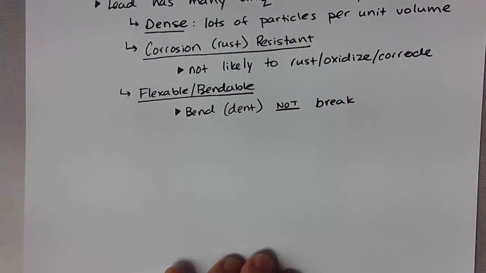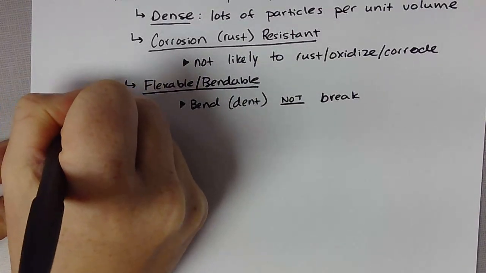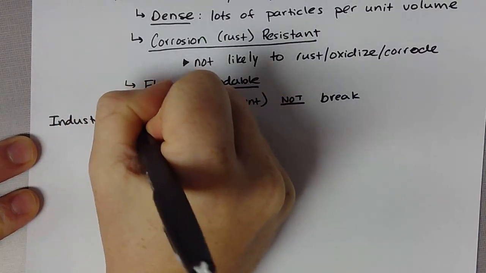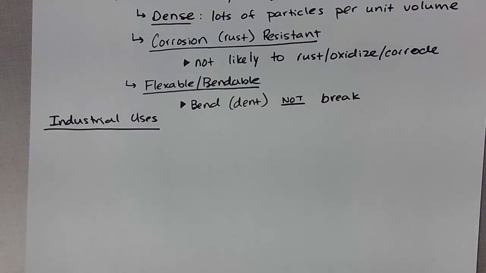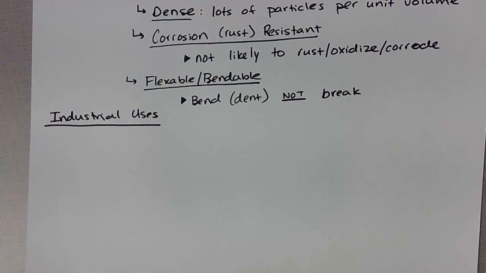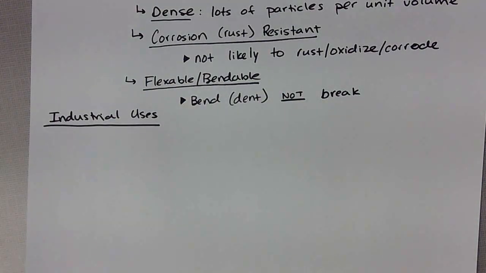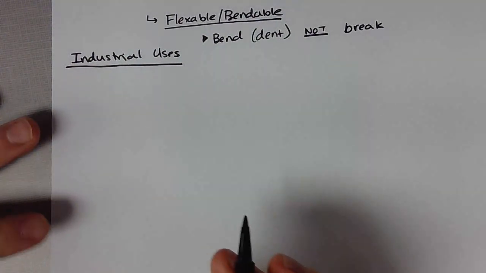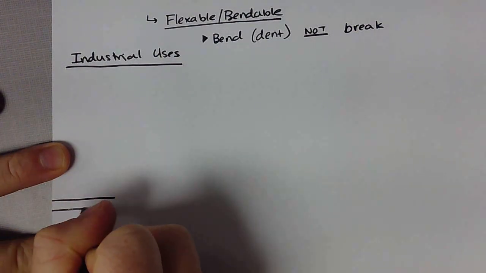So, last thing we're going to do is we're just going to briefly cover what were some of those industrial uses for lead. So, a few of them are more obvious than others. I talked a little bit about the flexibility and the bendability of lead. That made it a really popular material for plumbing pipes. And these would be commercial and residential.